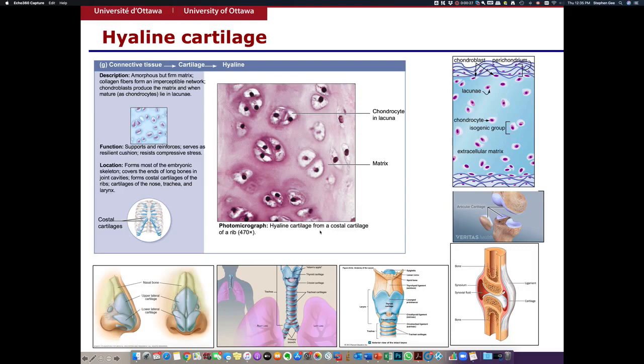Articular cartilage is a special name for hyaline cartilage that is found on the articular surfaces of bone, which is where bones meet and form joints. Finally, hyaline cartilage forms the embryonic skeleton before bones form. During childhood, epiphyseal plates persist in actively growing regions near the ends of the long bones.